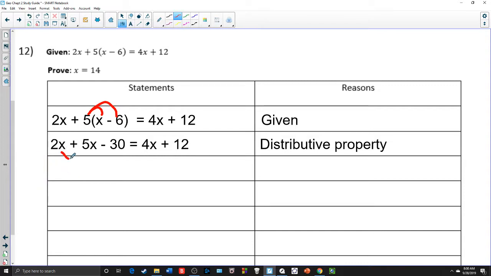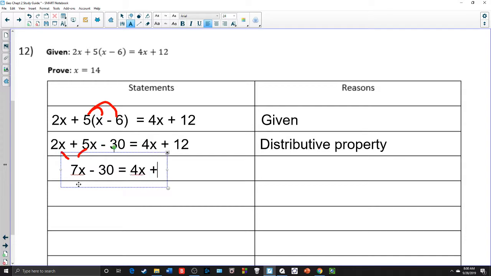So I would combine these two values there. So we'd have 7x minus 30 is equal to 4x plus 12. And that is by combining like terms, which we normally call simplify, or simplifying if you want. So if you say simplify or combine like terms for this reason, that'd be okay either way because they both mean the same thing.